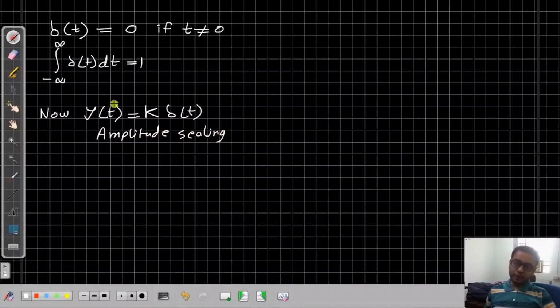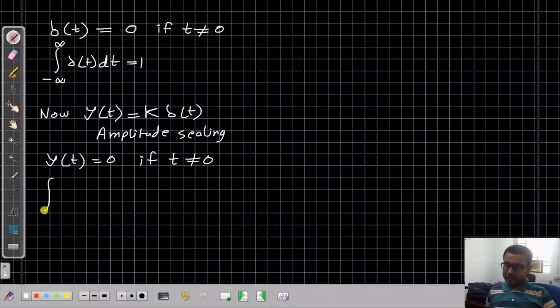What can we say about y(t)? We can say that y(t) is equal to 0 unless time is 0, because if t is not equal to 0, then delta(t) is 0, and 0 multiplied by k is 0.